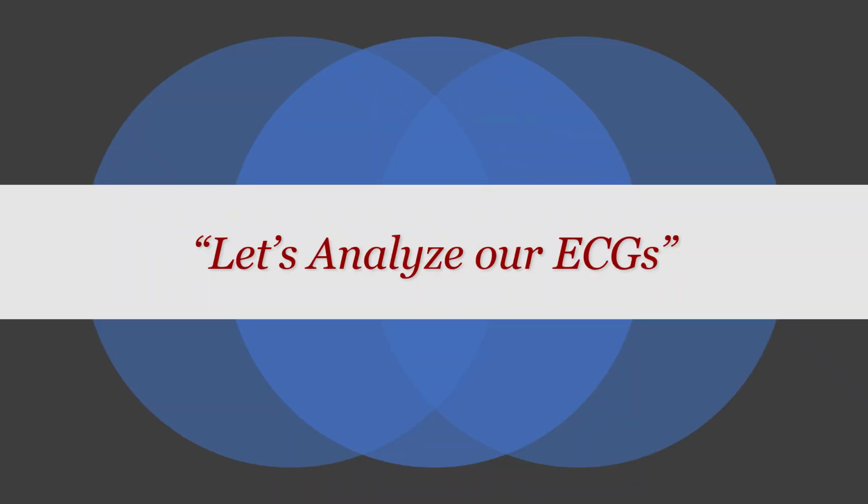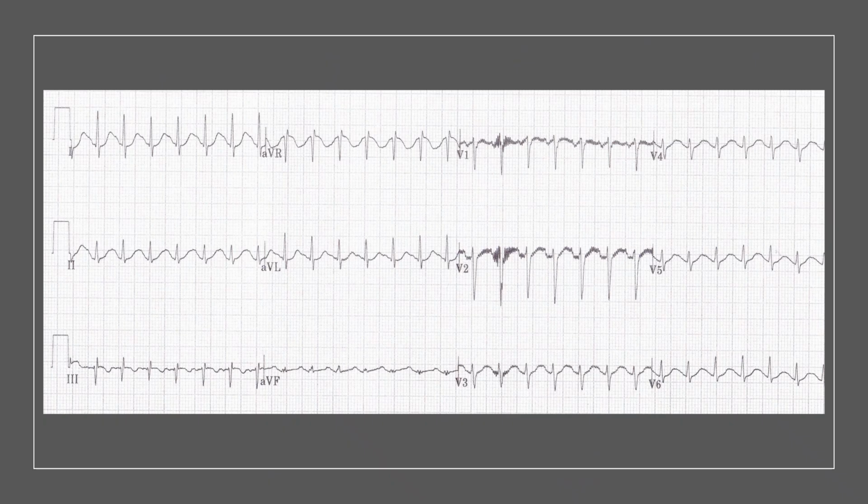So let's analyze our ECG following our approach. This is our ECG. So let's check the first 3 questions about the complex: the rate, the rhythm, and the width of the complex. If we apply this, we will notice that the rate is clearly fast. It's about 170, so we are on the tachy side. We've got tachycardia here.